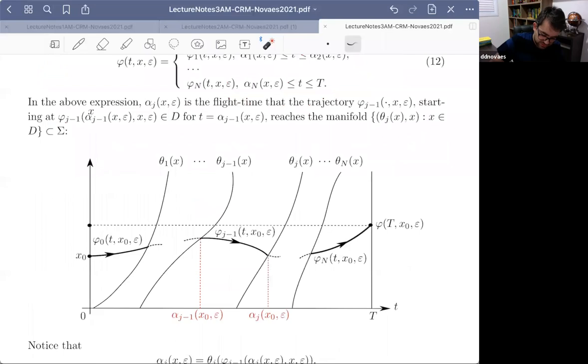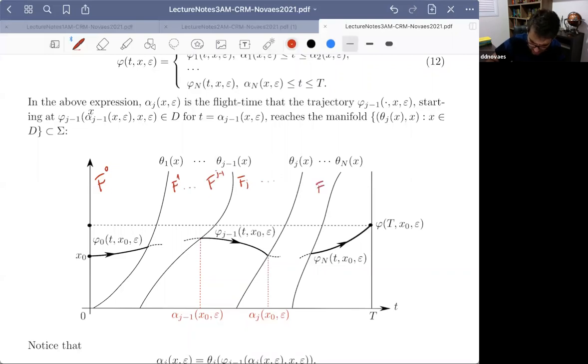So this is just a representation of the Filippov system, and the solution of the Filippov system is given as the concatenation of solutions of several differential equations.